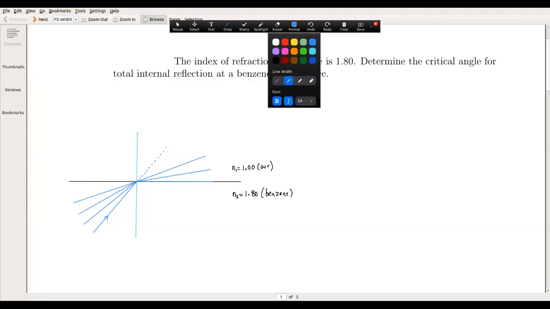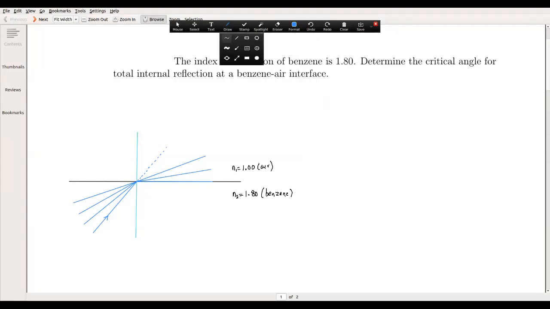So let me label these rays so that you have a clear picture of what's going on. So this is ray 1, and after refraction, this is ray 1. That's ray 2. After refraction, it goes in here. So that's your ray 2.